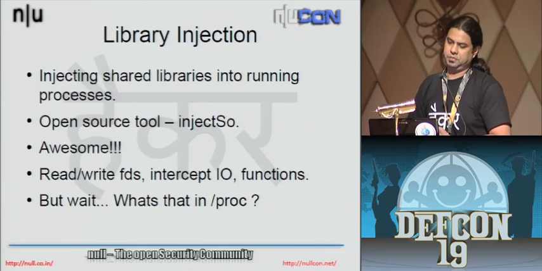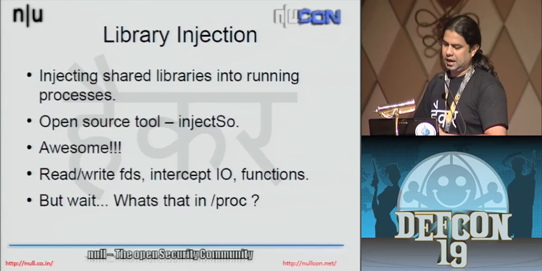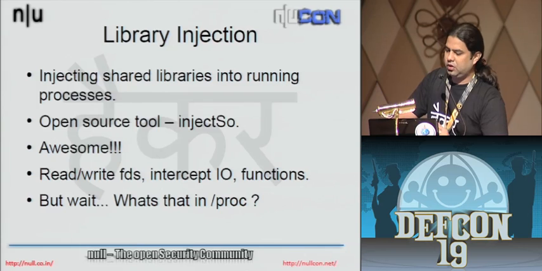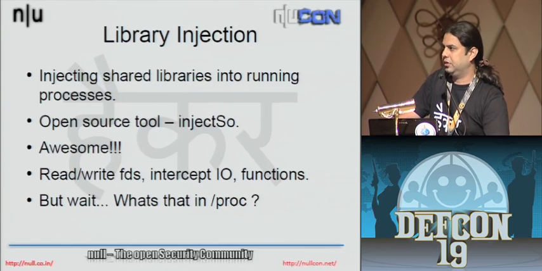All right, so a little bit about library injection. When I started, the intention of developing this library was to create an exact replica of what is already there for Windows, so CreateRemoteThread. After I was halfway through, I was still searching on the net for any tool available that does this.